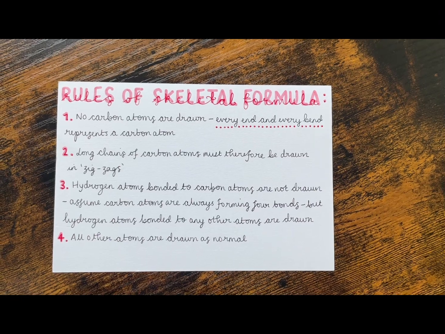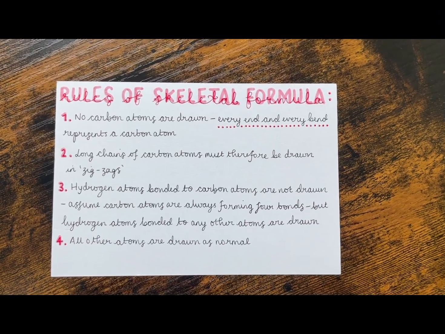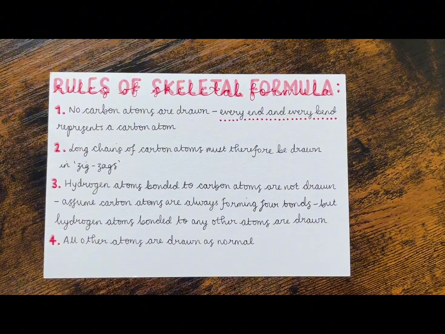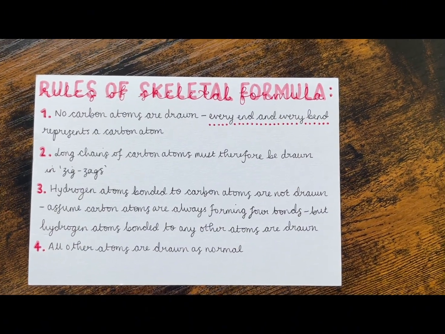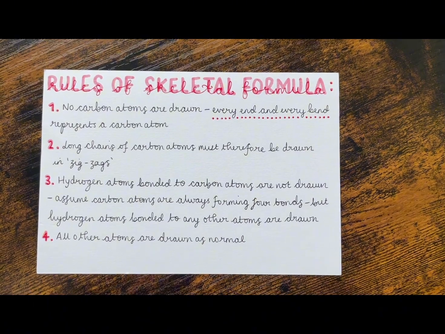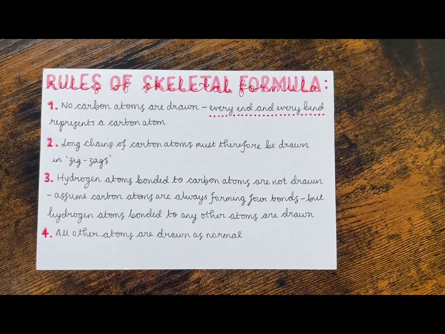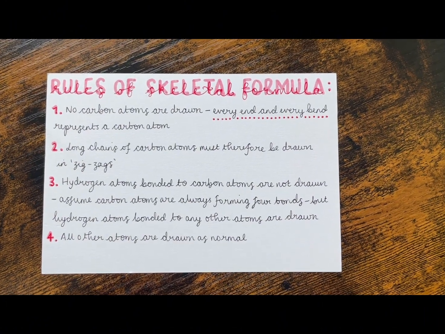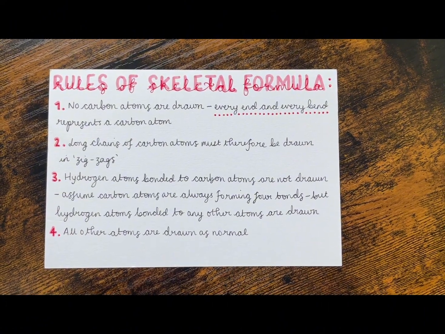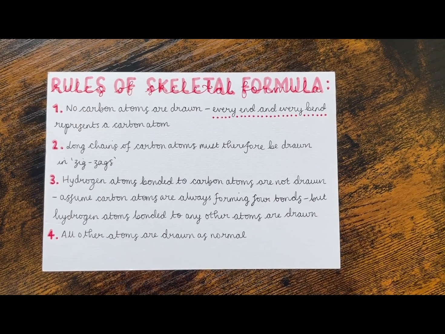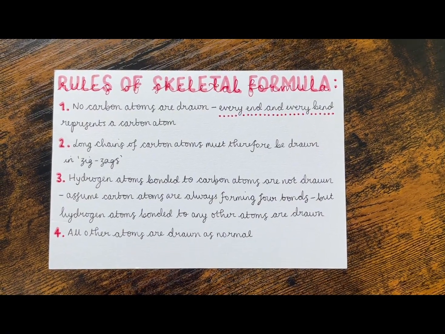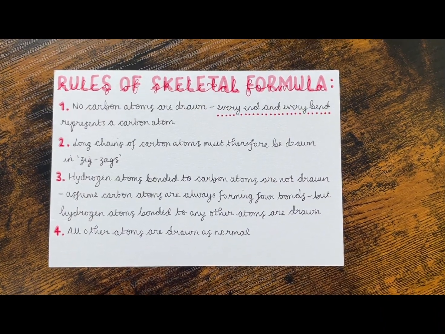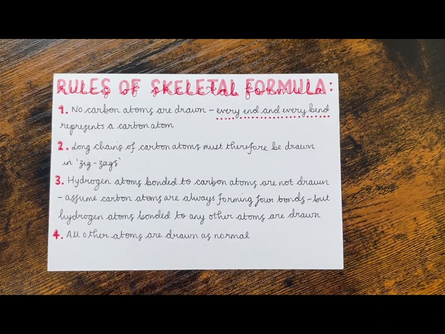So there aren't actually that many rules, but the rules are obviously really important in helping us to know how to draw skeletal formulae. And the first rule is the most important. We do not show any carbon atoms in a skeletal formulae. What we do is we draw lines in a zigzag arrangement to show a chain of carbon atoms, and every end and every bend in that zigzag chain then represents a carbon atom.